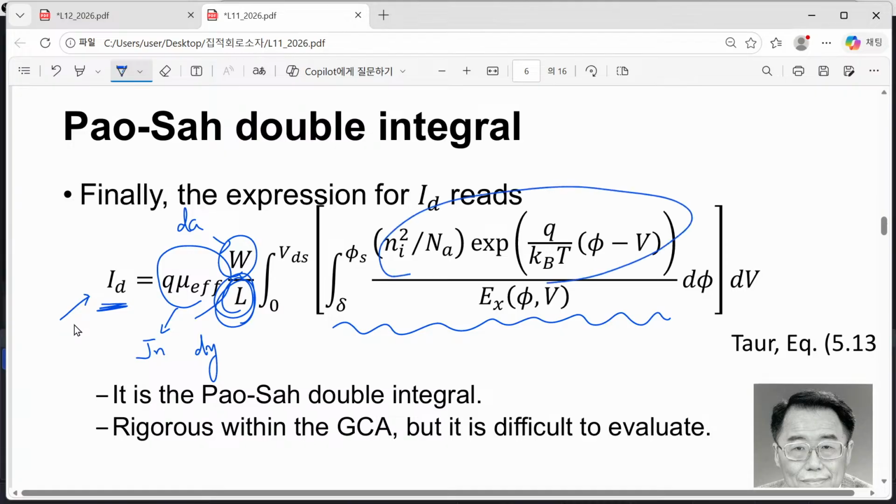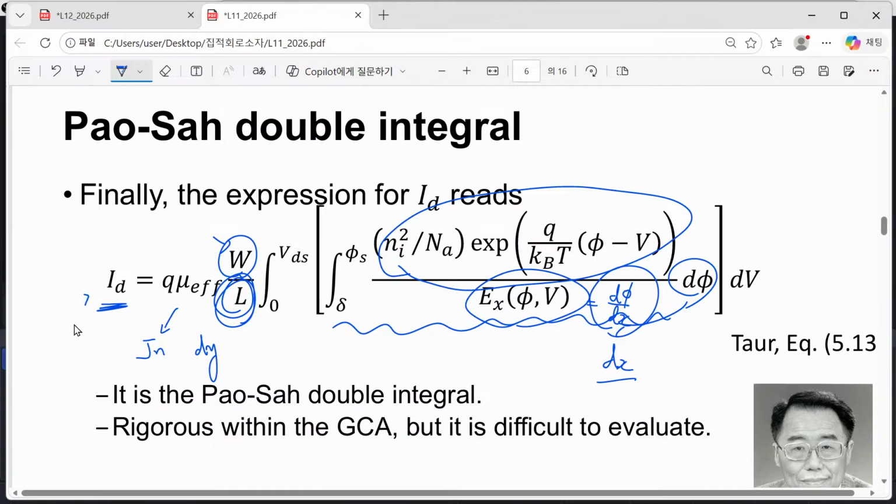This is more related to the electron density, and this is E dx. This is d phi over d x, and this is obtained from the originally x directional component. So that was the Pao-Sah integral.